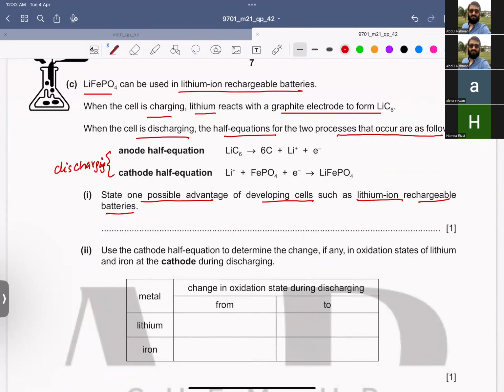The most significant thing about these batteries is that they are very small in size and hence produce a higher voltage than other batteries. So you can write: compact in size, but gives high voltage.